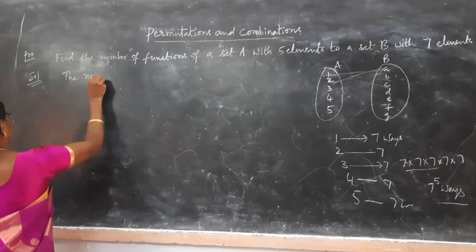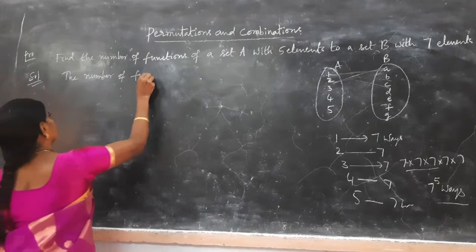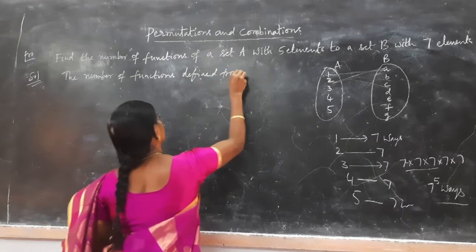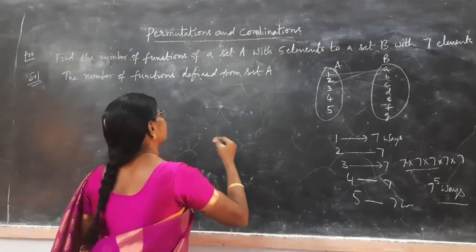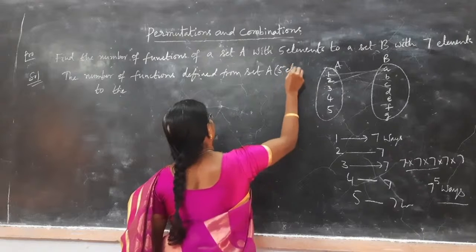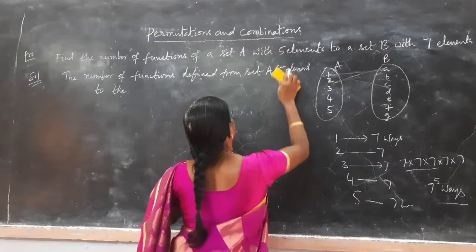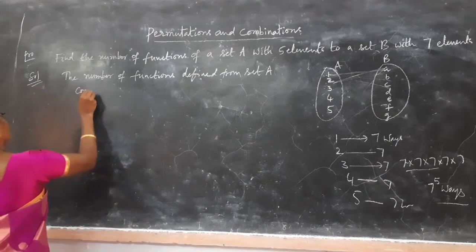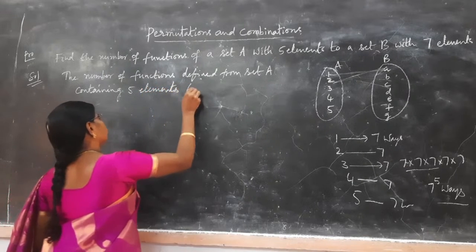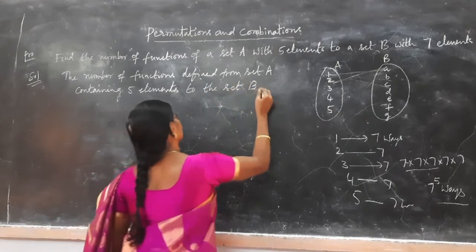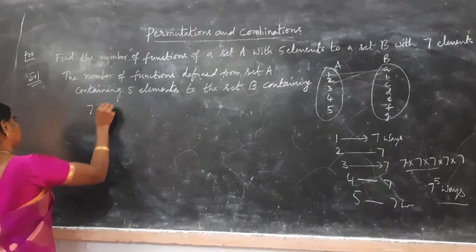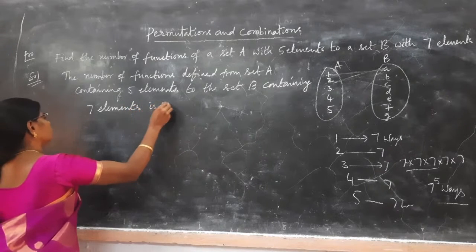The number of functions defined from set A to the set B. How many elements are in set A? 5 elements. Set A containing 5 elements to the set B containing 7 elements is 7 power 5.